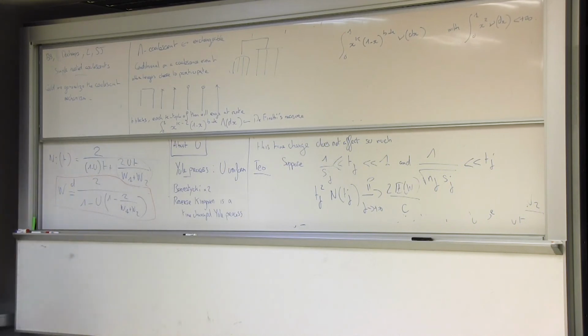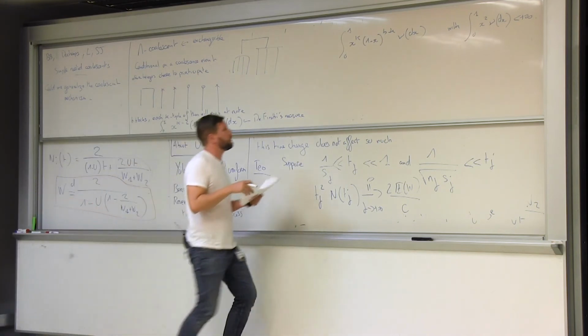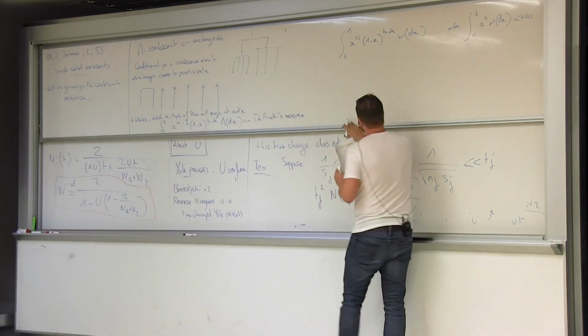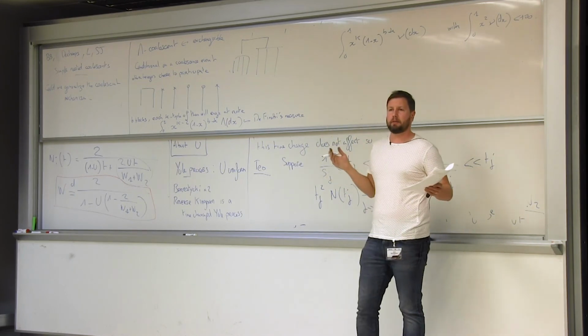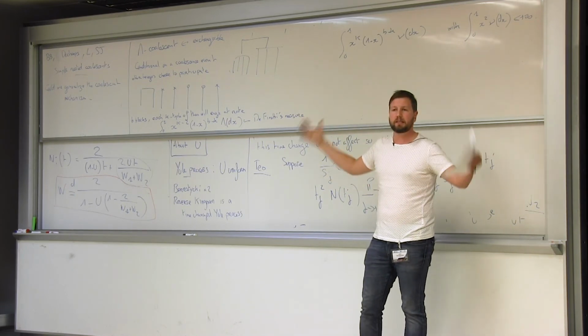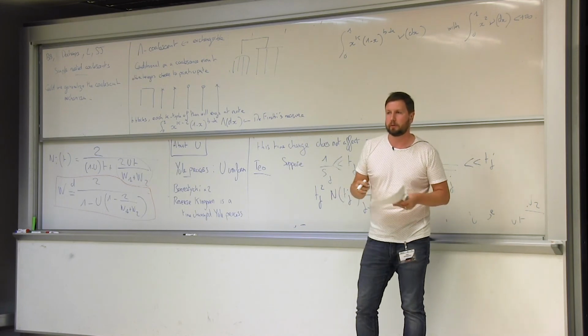I have 5 minutes, so I won't write a lot of things. But we can have the same picture in mind to build an exchangeable nested coalescent, okay?